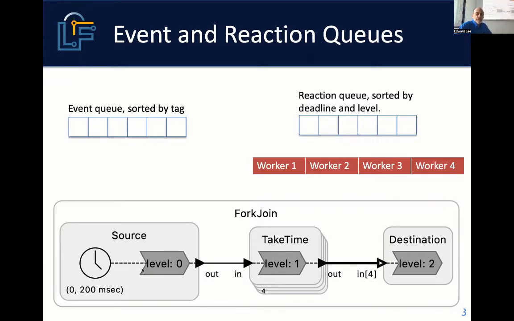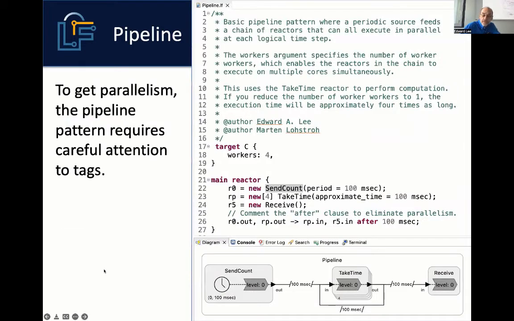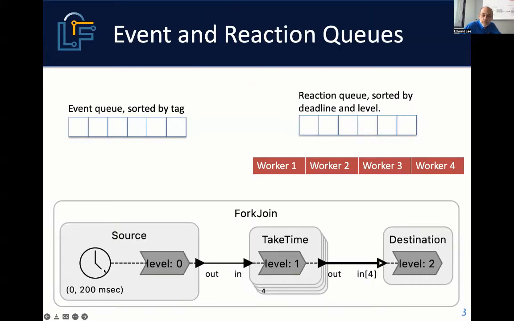Well, the way the execution actually occurs is the timer here, first of all, creates a timed event and puts it on the event queue. And it's the only event on the event queue initially, because this program is rather trivial. So the fact that it's sorted by timestamp doesn't really matter, right?